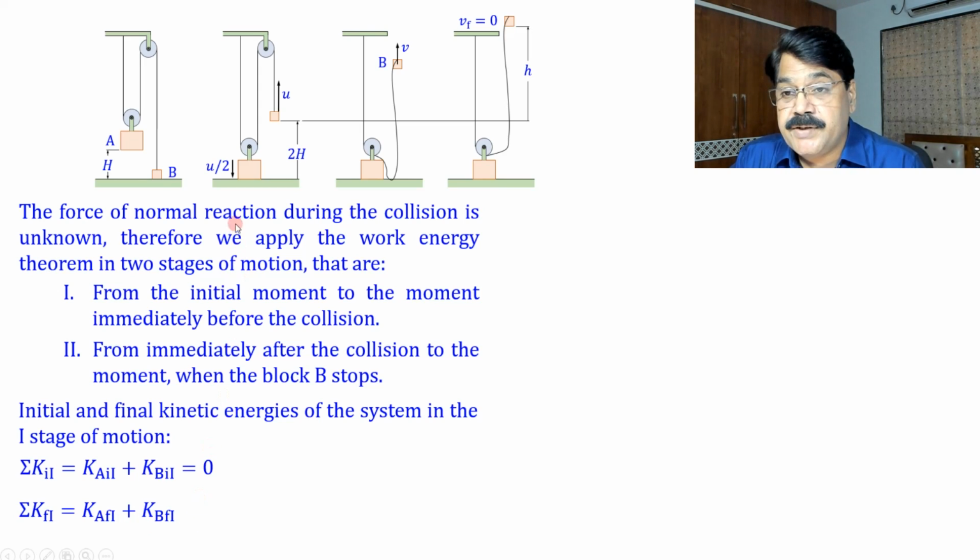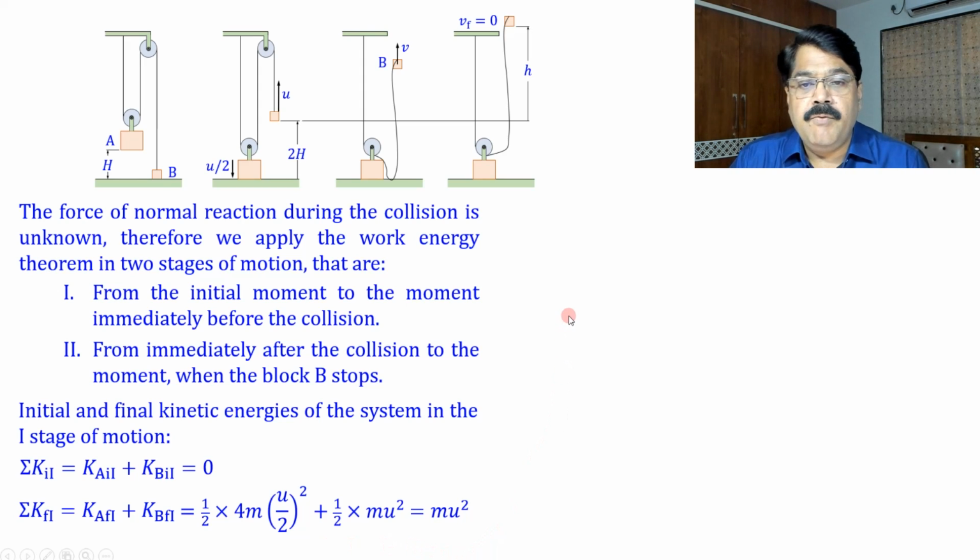K A final of first stage is half into 4m into (u/2) squared, because this velocity is u/2 and this velocity is u. So what we have here, half into 4m into (u/2) squared plus half into m into u squared, and that will be equal to m u squared. You can verify it.